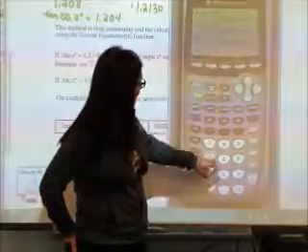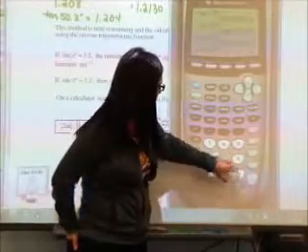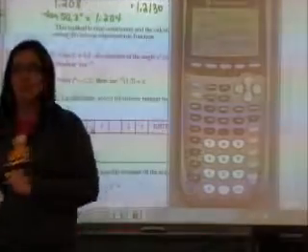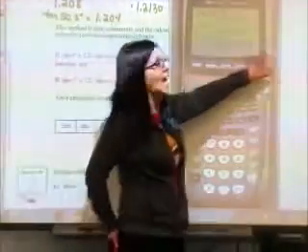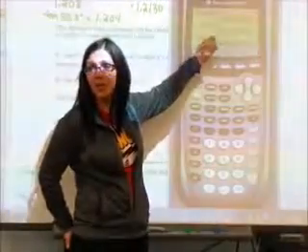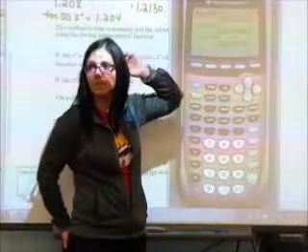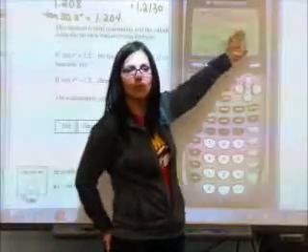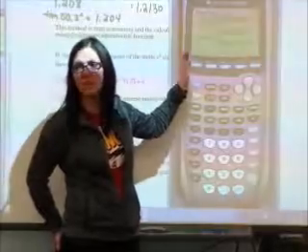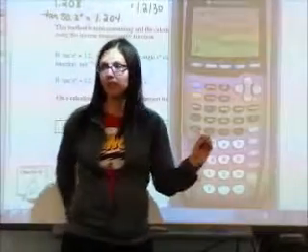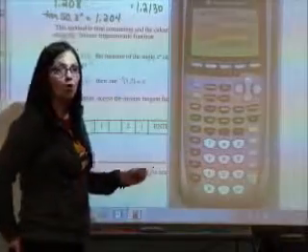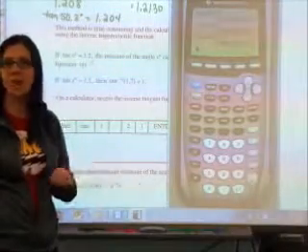When I press tan 35, I get 0.7002 and so on. That gives me the ratio for that angle. But what if I knew the ratio and wanted to get the angle? Then I work backwards, and that's an inverse operation. It's the same as squaring and square rooting, multiplying and dividing, adding and subtracting.